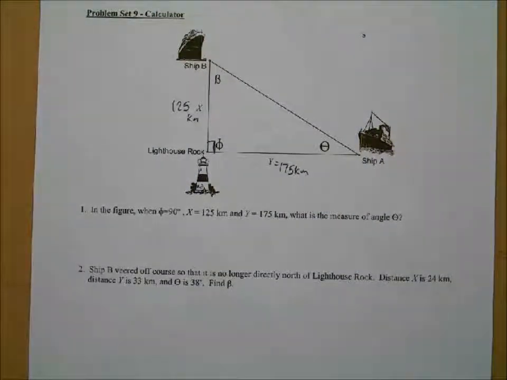Given this information, what kind of relationship could we use to find theta, this angle? Tangent. Why are we allowed to use tangent in this case? Why didn't we use law of sines or law of cosines? Because it's a right triangle. Could we have used law of sines here?